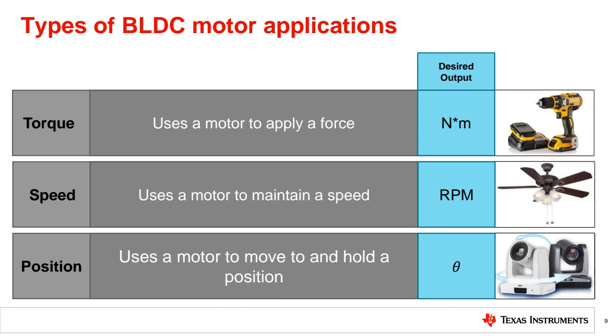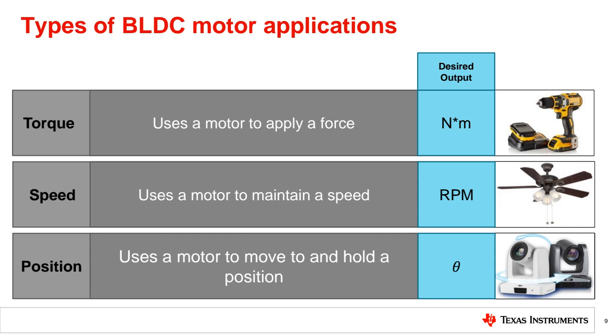In the drill application, we are waiting for the correct torque value. Speed applications are where the motor is trying to achieve a speed and hold it at constant speed. In fan applications and pump applications, we are waiting for a constant speed approach.